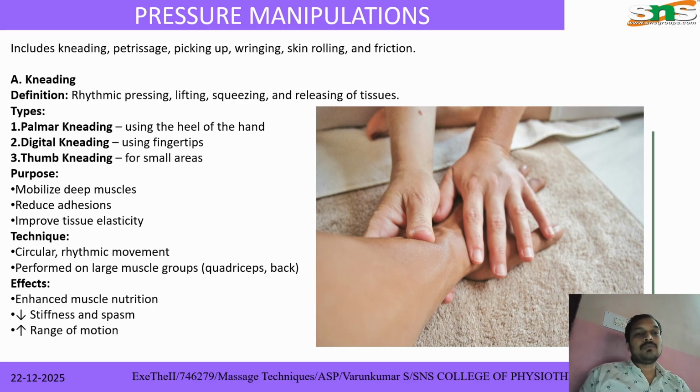The purpose is to mobilize the deep muscles, reduce adhesions, and improve tissue elasticity. The technique is used in a circular or rhythmic movement. It can be performed on large muscle groups, for example the quadriceps and the back muscles. The effects are enhancing muscle nutrition, decreasing muscle stiffness and muscle spasm, and increasing the joint range of motion.